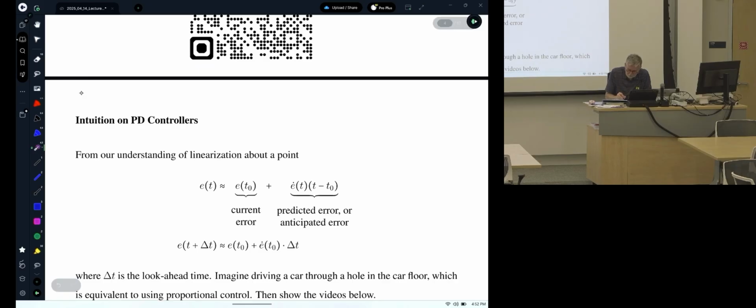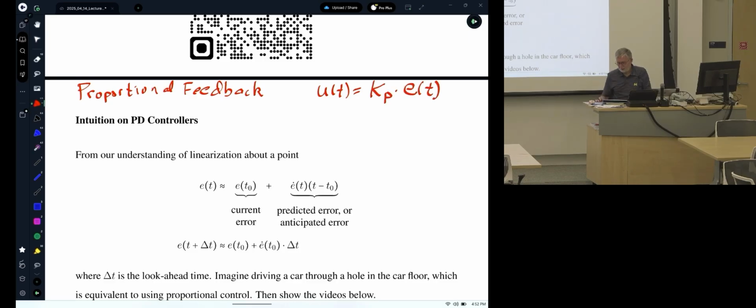Okay, so if we have just a proportional feedback, the input to the plant is just a proportional gain times the error signal. Now, imagine that you are driving a car. There's a line in the road that you're supposed to follow.